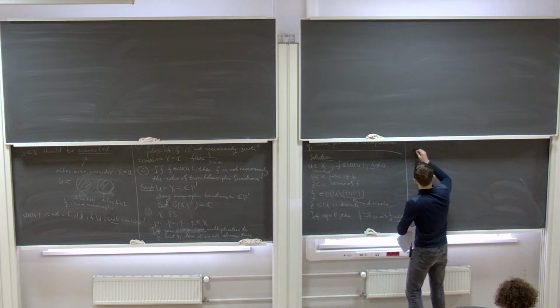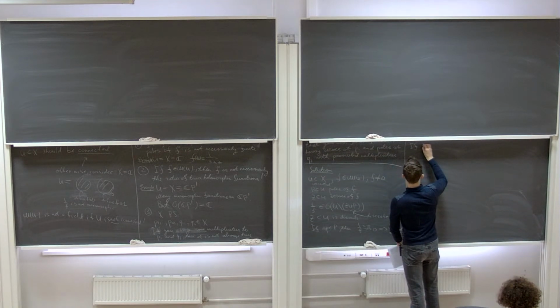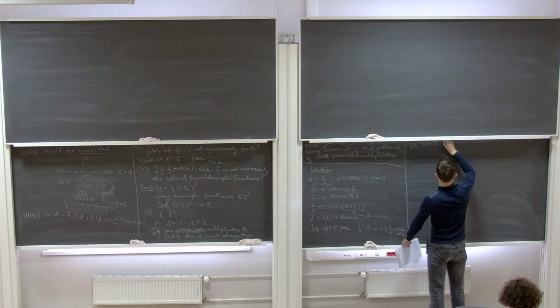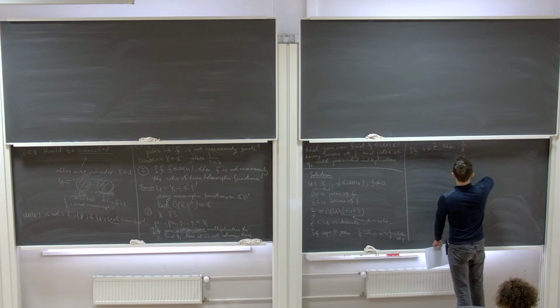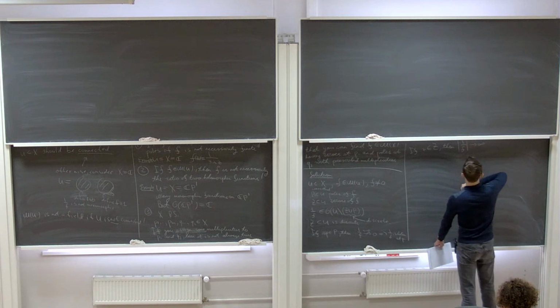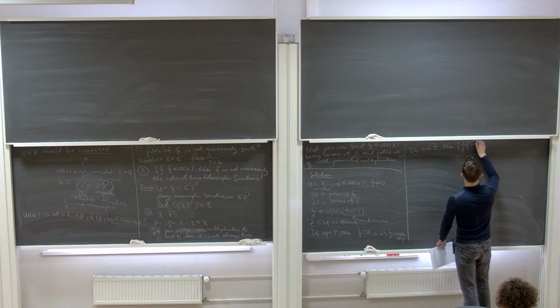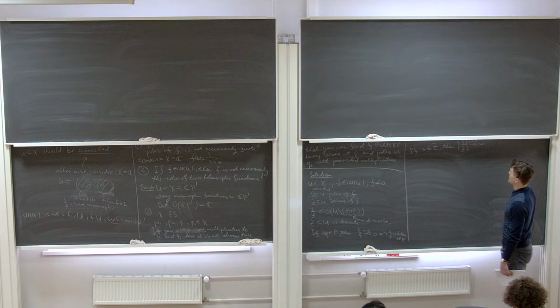And then you say that if you have a zero, then obviously the absolute value of 1 over f goes to infinity when our point goes to Z, because f goes to 0, so this thing goes to infinity.